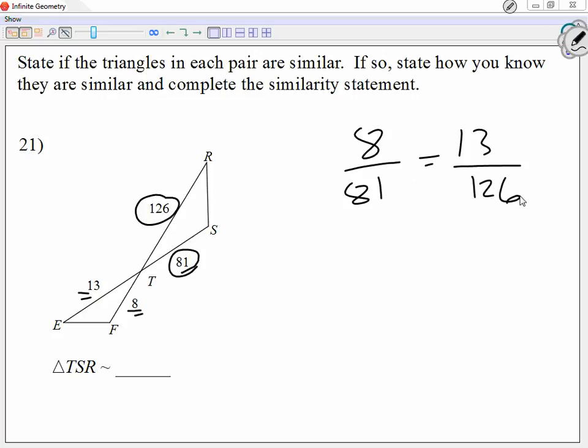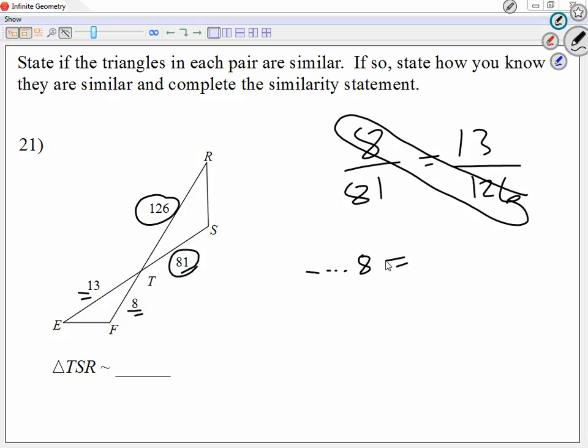If I cross multiply 8 times 126, I know my last number should be an 8. If I cross multiply the other way, 81 times 13, I know my last number should be 3. So you think those two are going to be proportional? No. All right, so not similar.